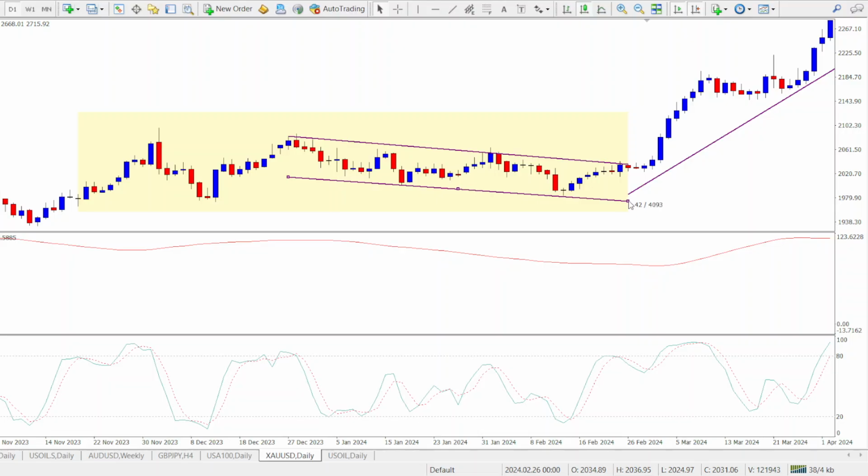At some point we had a sell structure, although this structure was not perfect because this high is lower than this high, but lower than this high also. A bearish structure is formed by consistent lower highs and lower lows. We actually had the consistent lower lows. It's just that at this point, this high came above this previous high.